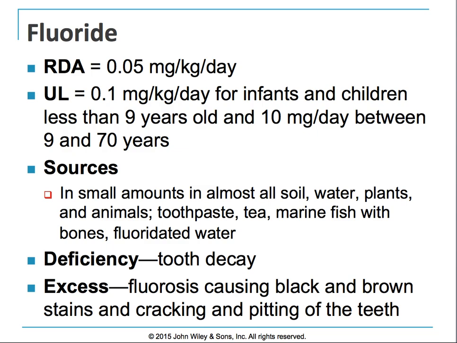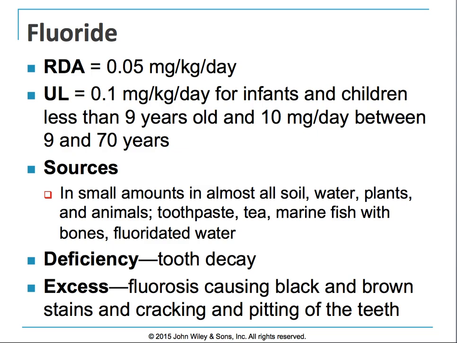Sources: fluoride is in small amounts in almost all soil, water, plants, and animals, also found in toothpaste, tea, marine fish with bones, and also fluoridated water. Deficiency of fluoride can lead to tooth decay, but excess can also affect your teeth.